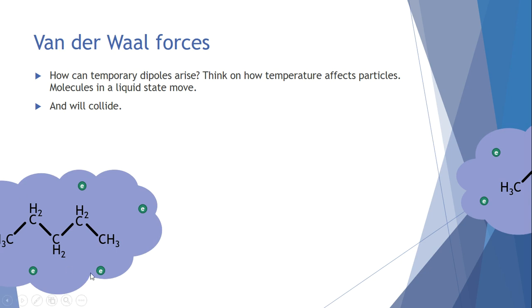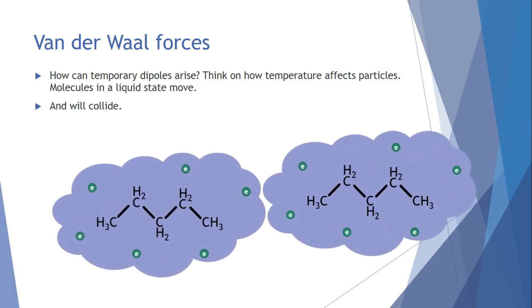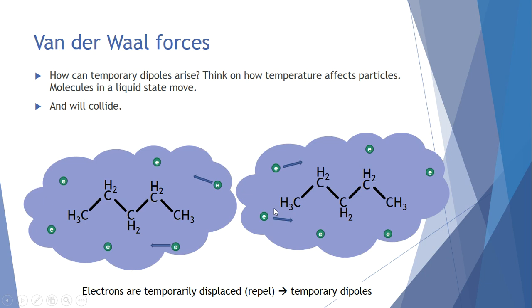So here we have pentane with an electron cloud, and another one is going to come from over here as well. So when these guys collide with each other, like so, then we're going to have electrons on this guy and this guy get very close to each other. They're going to repel, because remember, electrons don't like each other, except for when they're in pairs. I know, it's a bit tricky. But minus doesn't like minus, it's like magnets, right? So these electrons are going to be displaced.